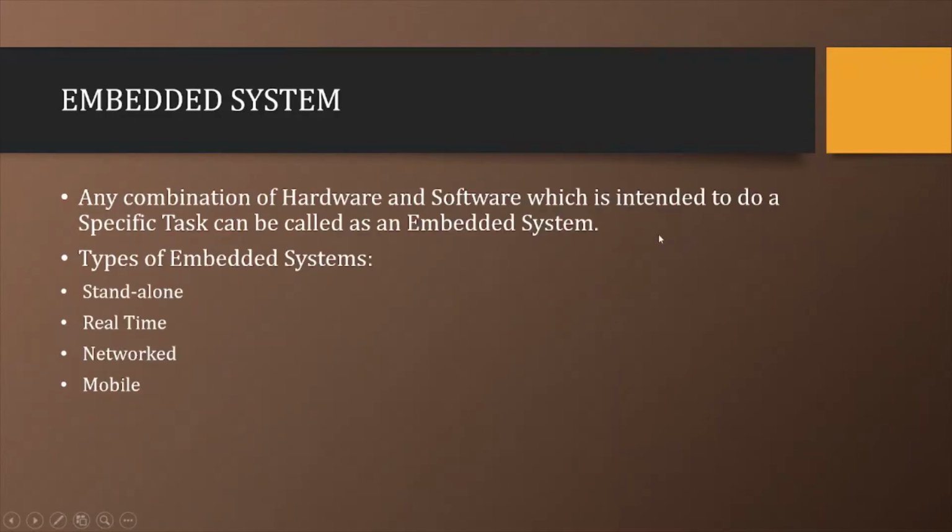So, embedded system. Any combination of hardware and software which is intended to do a specific task can be called an embedded system. There are a few types of embedded systems, mainly standalone, real-time, networked, and mobile.